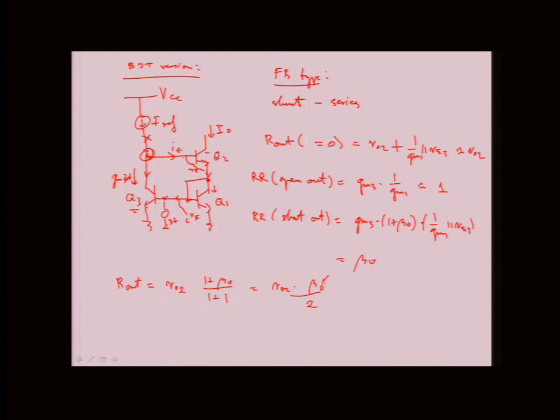Again, beta 0 increases the output impedance from what normally it was, RO2. But you have to be careful what you do when you look at the types of feedback and how the return ratios work out.